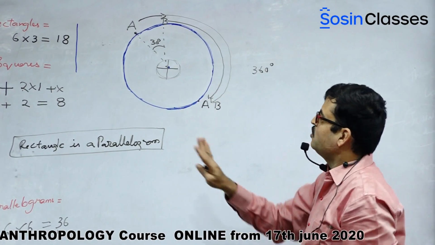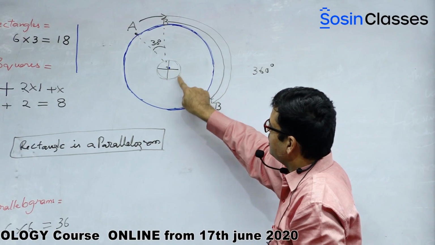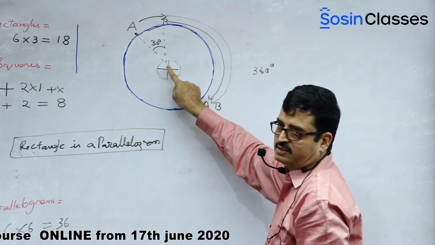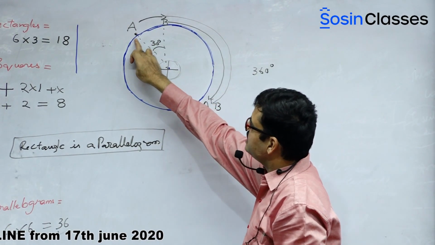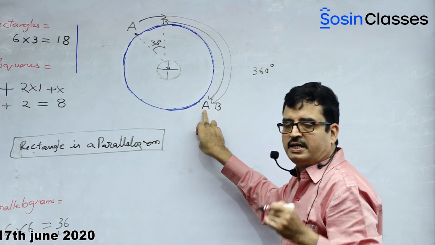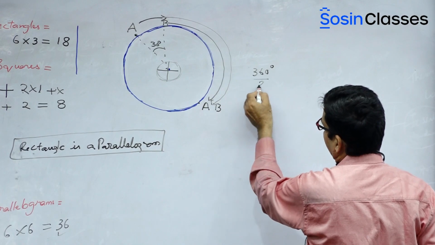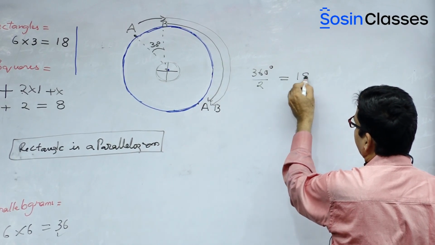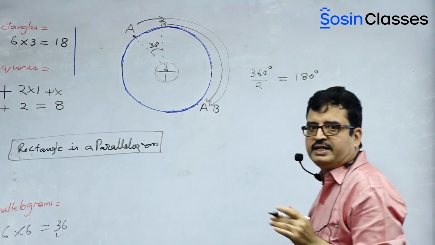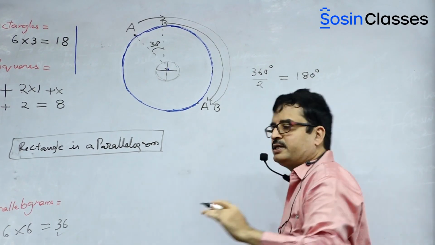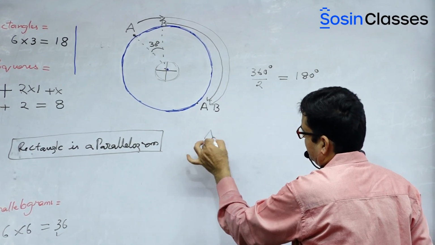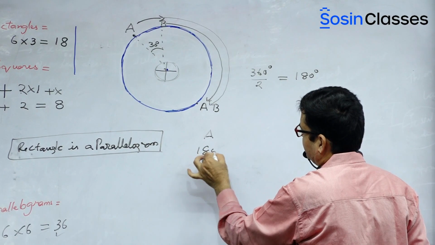Now, the complete angle across the axis is 360 degrees. So when A has reached exactly half of the point, can I say it's 360 by 2, that will give you 180 degrees. So degree wise, A has covered 180 degrees.